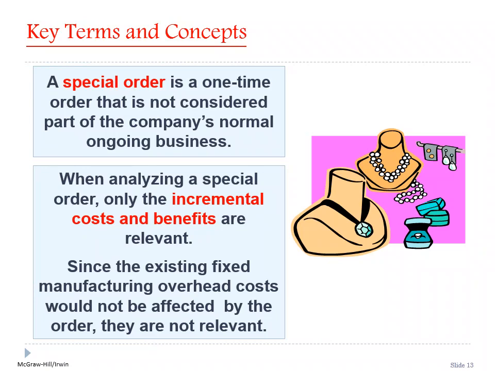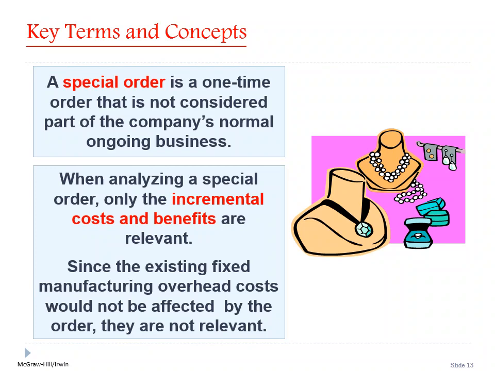Since the existing fixed manufacturing overhead costs wouldn't be affected by the order, they are not relevant. عايز يقول هنا ان ال fixed costs will not be affected by this decision or by this order، مش هتتأثر، وبالتالي هتبقى بالنسبة لنا unavoidable cost or are not relevant cost، هتبقى تكلفة غير ملائمة، وبالتالي I will not include them in my decision.